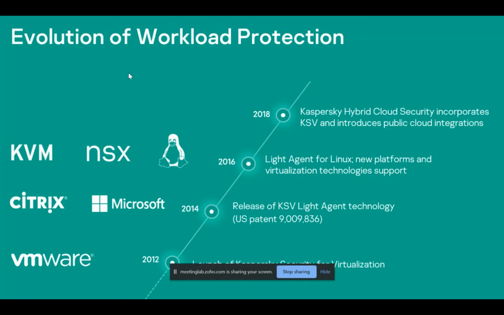Then they also introduced Light Agent for Linux. New platforms and virtualization technology started getting supported. And in 2018 they introduced Kaspersky Hybrid Cloud Security, which is basically a combination of multiple solutions. We'll see that in the later slides.